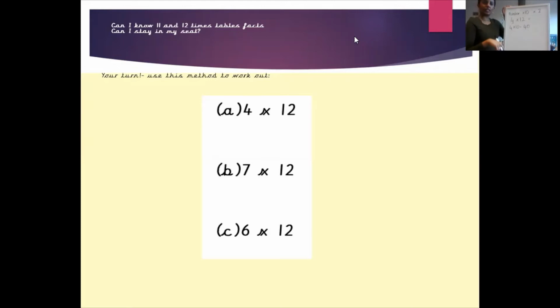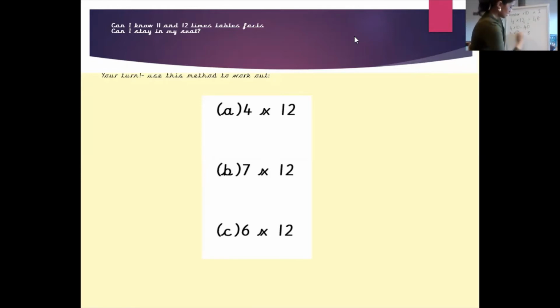Instead of doing like the 11 times tables, where you added it on, you're going to times it by 2. So 4 times 10 equals 40, and then 4 times 2 equals 8. Then I'm going to add it together. 0 plus 8 equals 8, and 4 add nothing is 4. So your answer is 48. So 4 times 12 equals 48. So you always times it by 2.